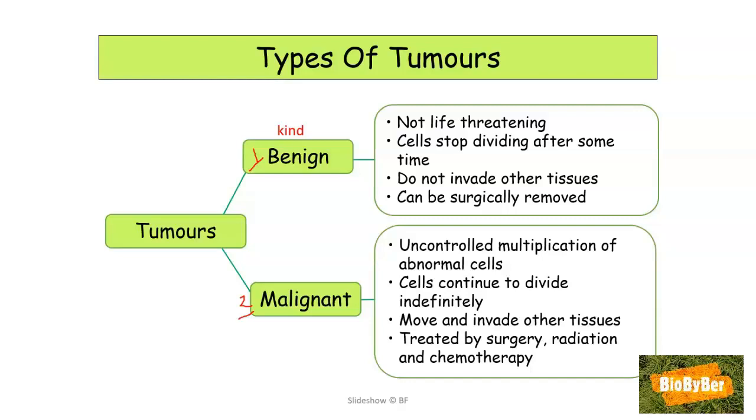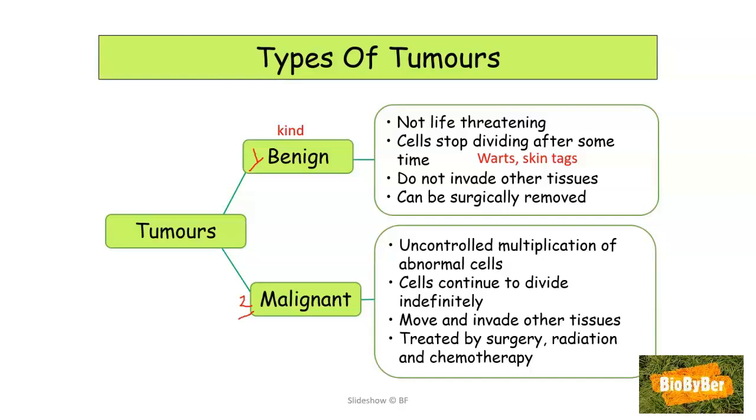These cells are cells that you would find in warts or maybe skin tags, which would be little flaps of skin commonly found perhaps on your shoulders. Now, these type of tumours or benign cells don't invade other tissues and can be surgically removed. We often hear of people removing warts and removing skin tags just for cosmetic reasons more than anything else.